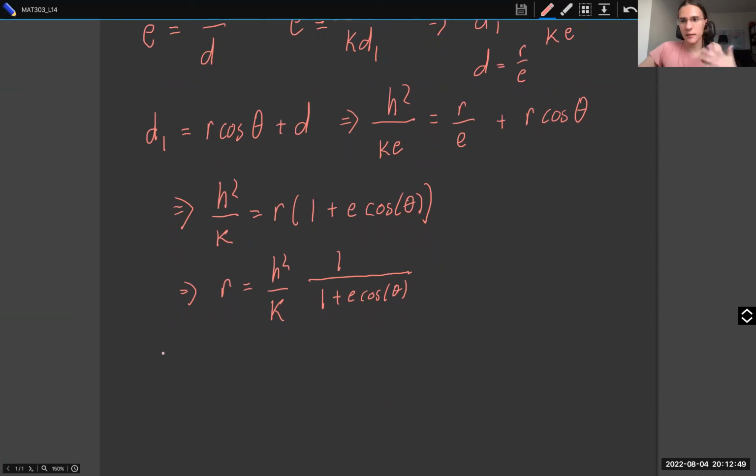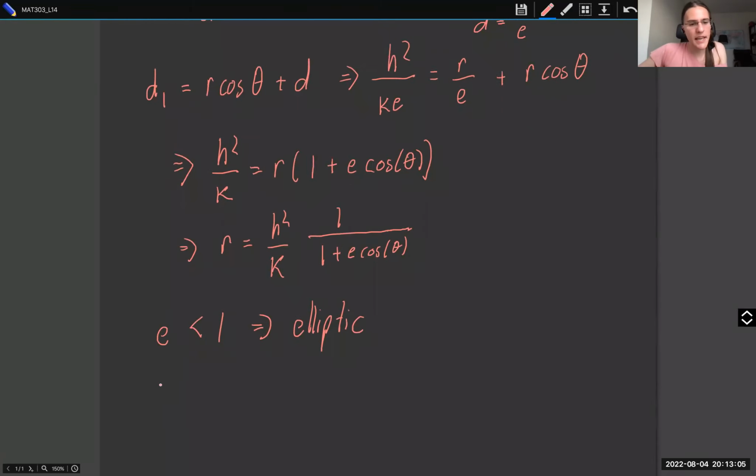E is going to, first off, be a non-negative number because it's defined as a ratio of two quantities. E is less than 1 implies elliptic. E is equal to 1 implies parabolic.